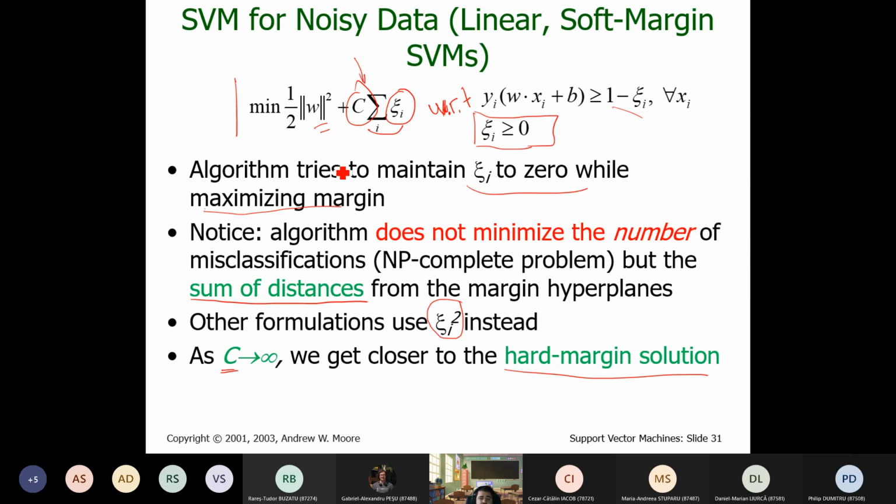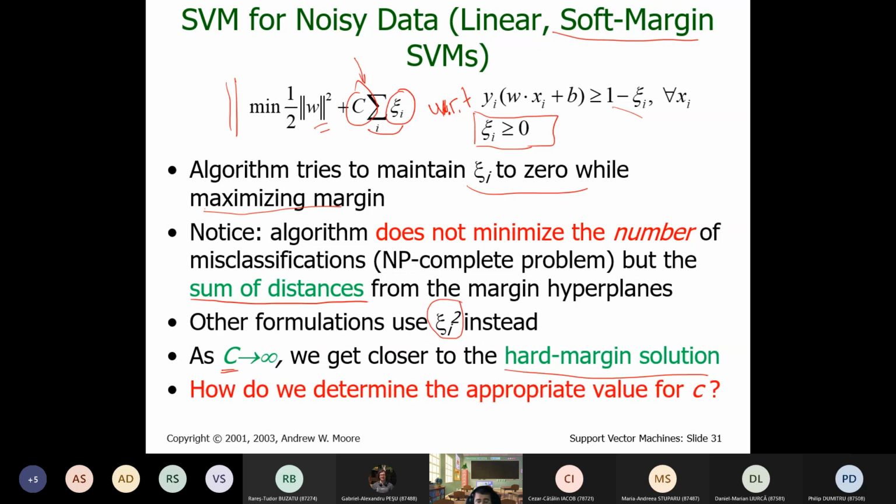This solution is called soft margin SVM. And to see the difference between them, we will see on the next slide. However, in this formulation for the soft margin problem, we have the issue of finding the value of C. We don't know how to determine this value of C.